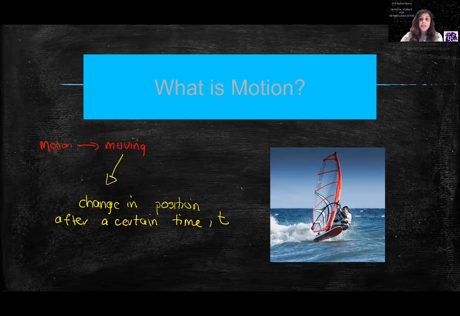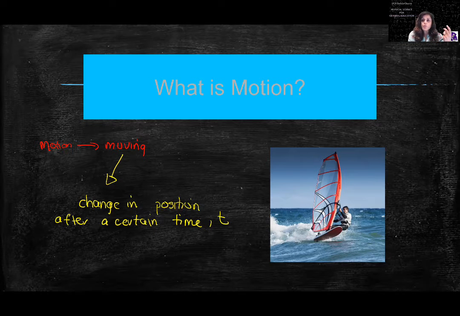But in the hour that you were gone, here's something that could have happened. Your roommate might have come looking for a book on your desk or looking for something, took the cup, put it somewhere else, or held it in their hand, looked around, put the cup back. Now the cup moved, went somewhere around, and then came back to its original position. And so we say that the net motion is zero, because it came back to its original point.